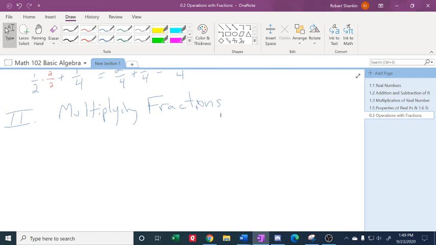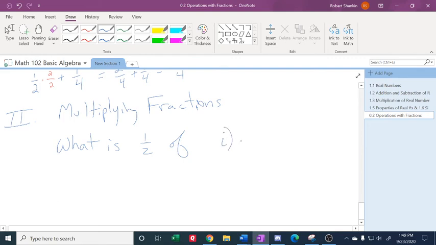All right, so multiplying fractions. Let's look at this. What is 1/2 of, and we're going to do a number, almost there. What is 1/2 of 10?